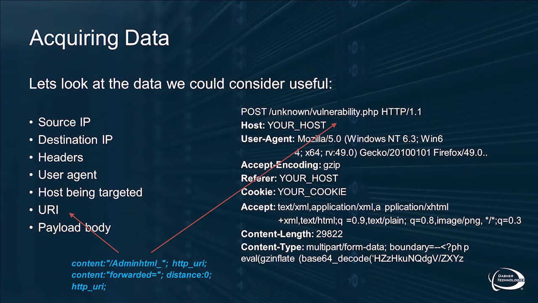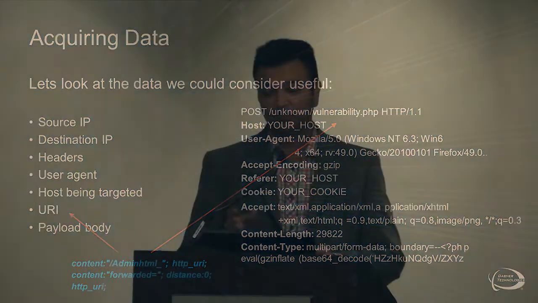Source IP, destination IP, headers, user agent, your host being targeted, any and all the information you could gather from a URI. URI is basically what you see on the top, POST / unknown vulnerability, stuff like that. Any and all the information you can gather from your payload body.